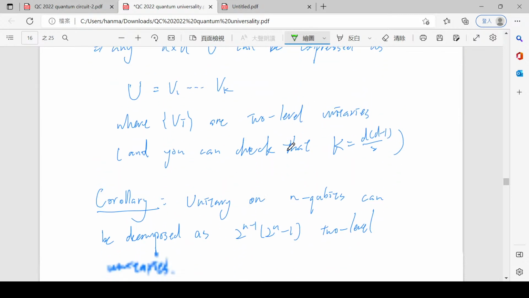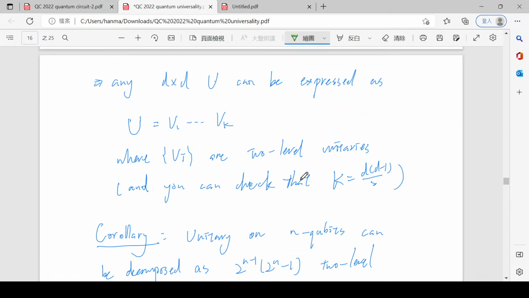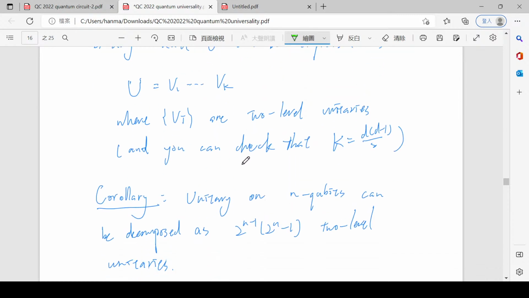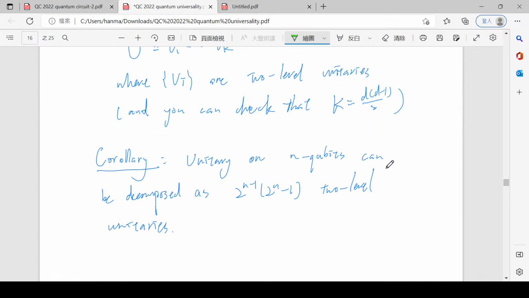Then you can count the number a little bit. If your d equals 2 to the n, so you are doing an n-qubit unitary, then the number of two-levels you need to use is about 2 to the n squared.